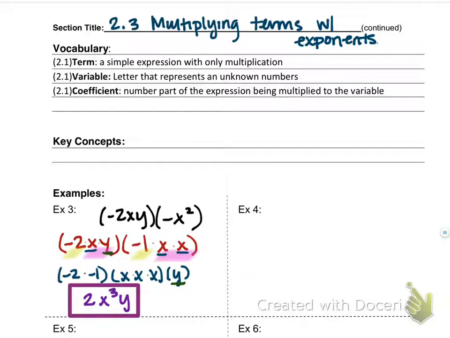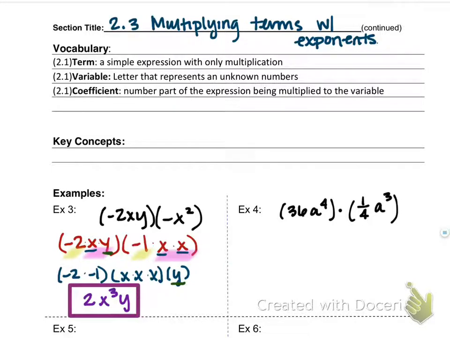And the next thing I'm going to do is take a look at some other examples where maybe I might have a fractional coefficient. So if I have a fractional coefficient, for example in number 4, I'm going to have 36a to the 4th times 1/4 a to the third power, or a cubed.